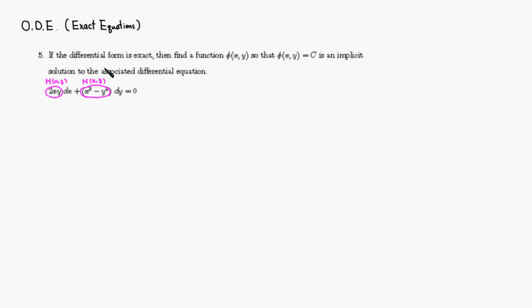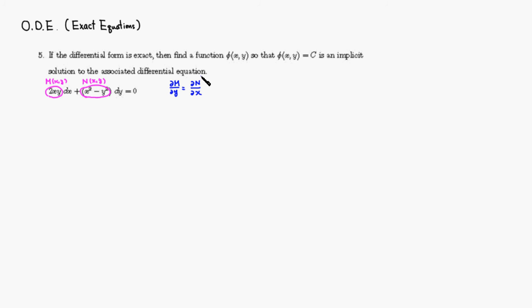To verify that this is an exact equation, we can just verify that the partial derivative of M with respect to y is equal to the partial derivative of N with respect to x.